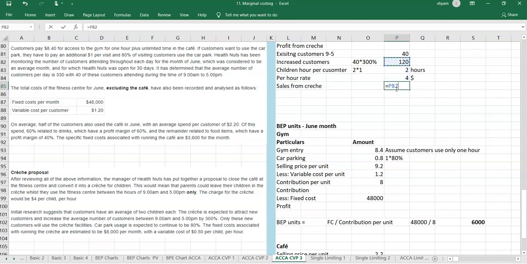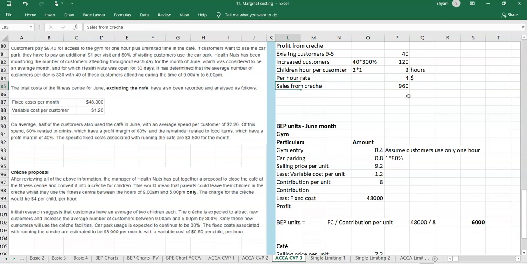That is, there are 120 customers, and all of them are going to leave 2 children for 1 hour. That is like 2 hours then, and they are going to leave them at a rate of 4. So totally 960 is the income that's going to come from the Creech.